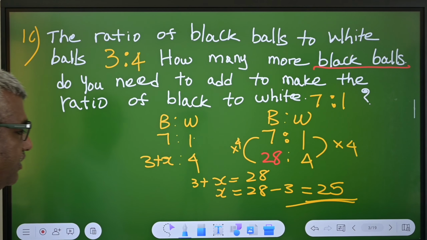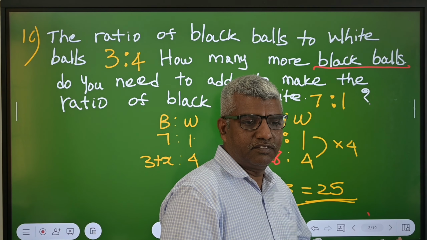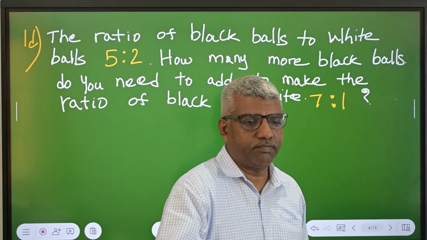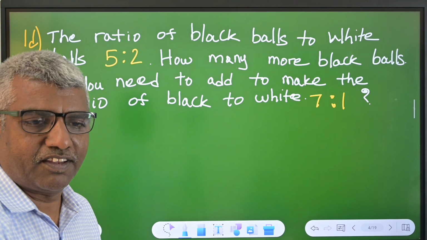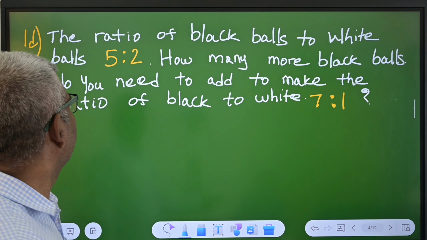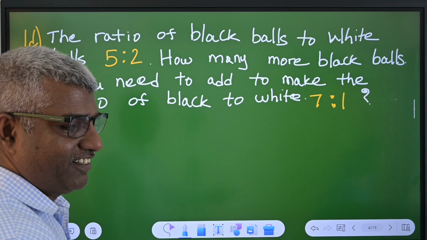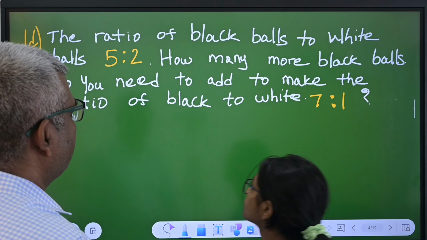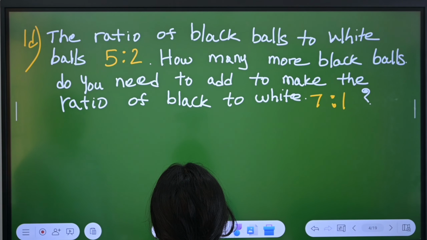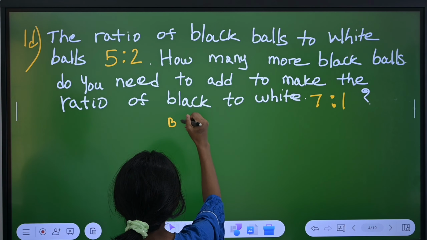Okay? Can you come and solve 1D? Please come and solve it. Question 1D. The ratio of black balls to white balls. First write black and white.